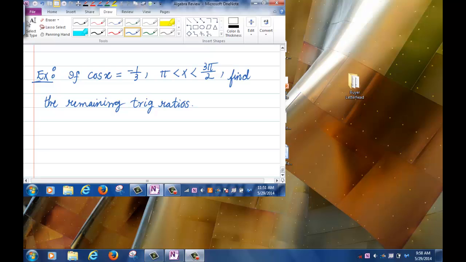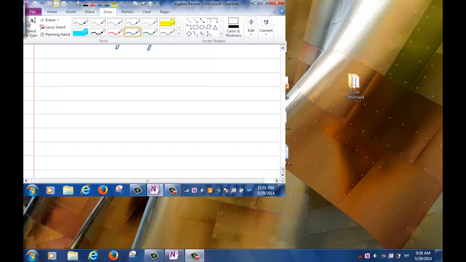It means that I want to know what is sine of x, what is tangent of x, and so on. So how would I do it? Anyone? How would I do it? What's that? Okay, so what you're trying to say, let me make a picture to demonstrate that. I can do the problem without using the picture, but it helps.